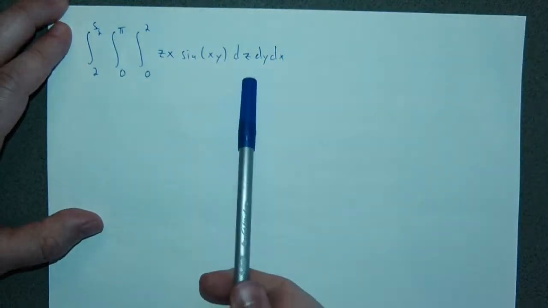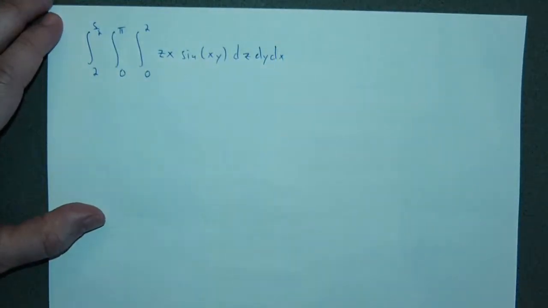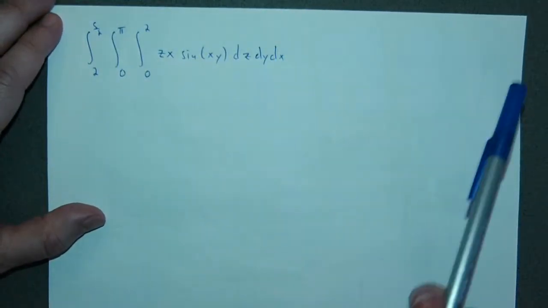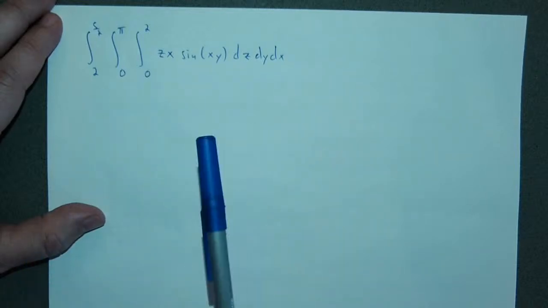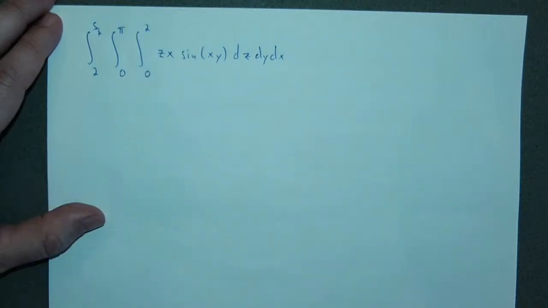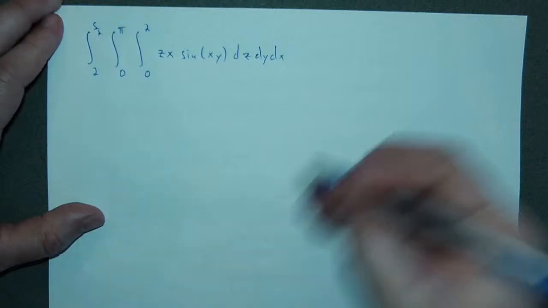The dz is always first in these kinds of integrals. Whether I do y or x first depends on whether I've written my region R as vertically or horizontally simple. In this case R is simple, so I could do it either way. Sometimes your region R is only horizontally simple or only vertically simple, so you'd be forced into a particular order.